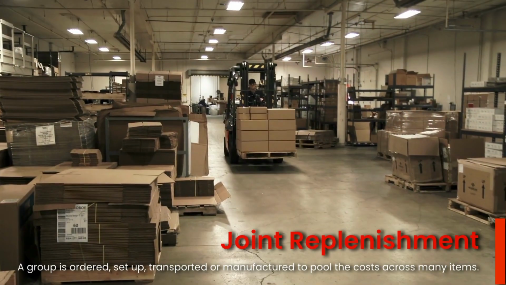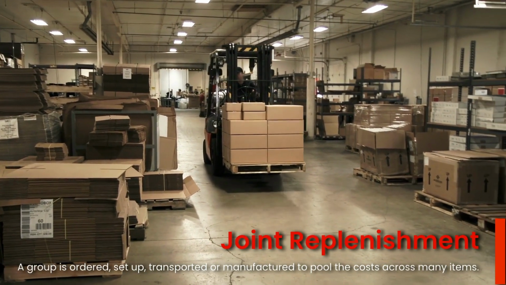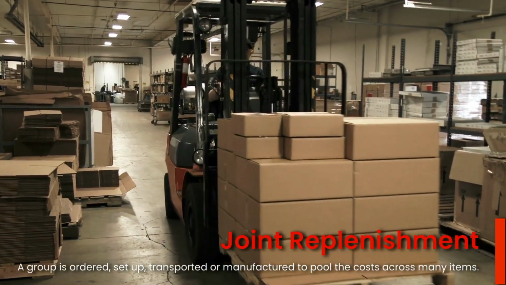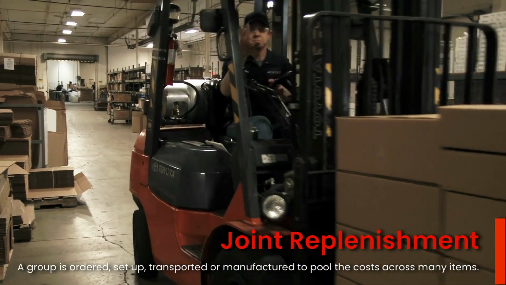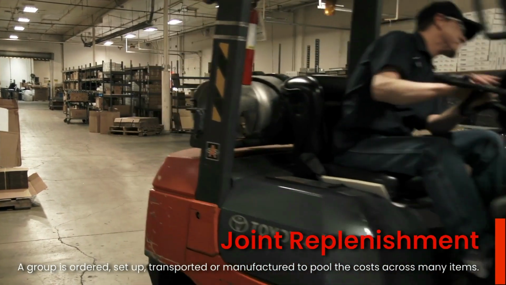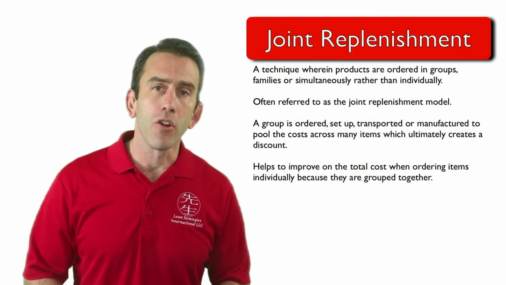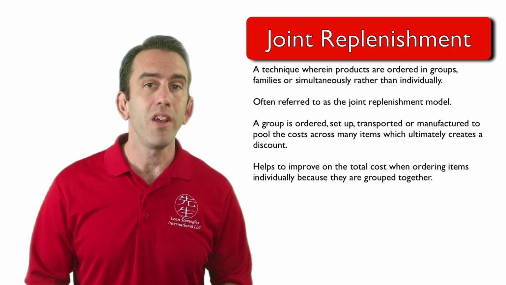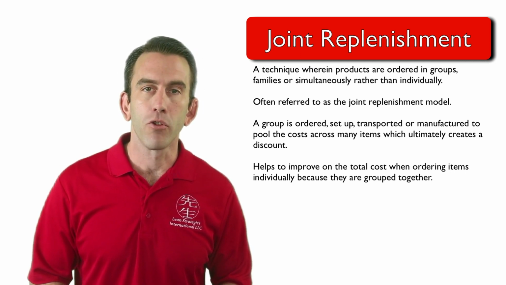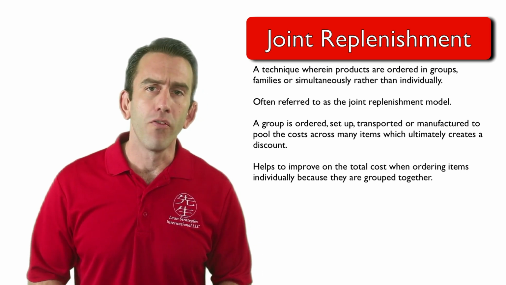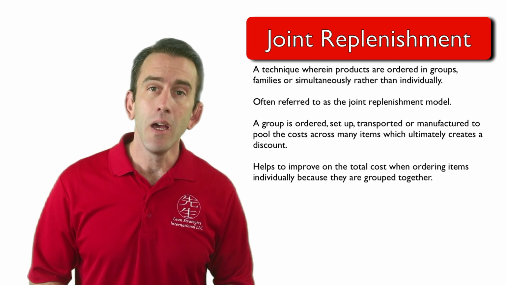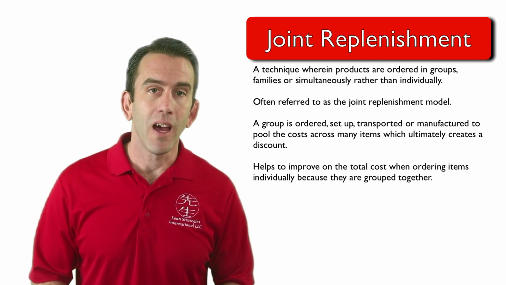In other words, a group is ordered, set up, transported, or manufactured to pool the costs across many items, which ultimately creates a discount. A joint replenishment system is most commonly used in multi-item inventory replenishment. It helps to improve on the total cost when ordering items individually because they are grouped together.